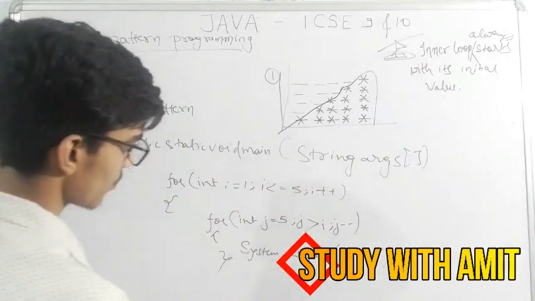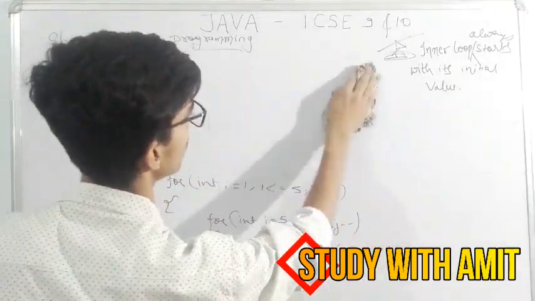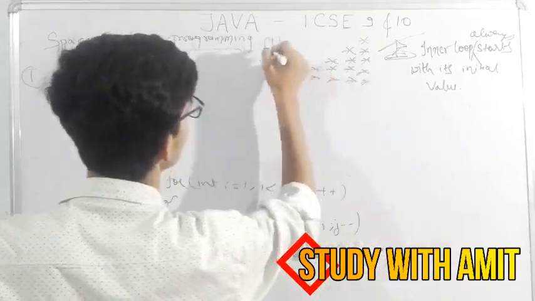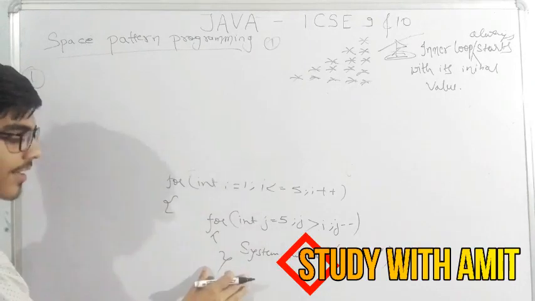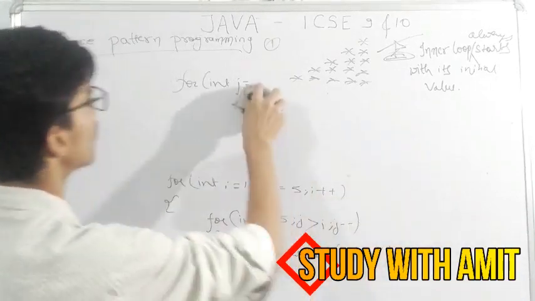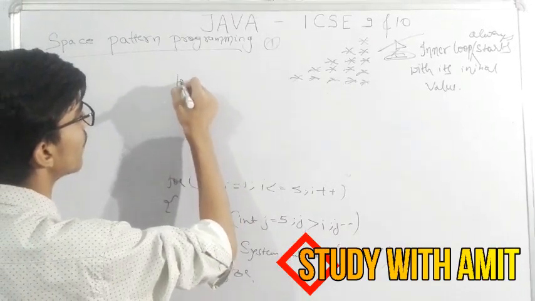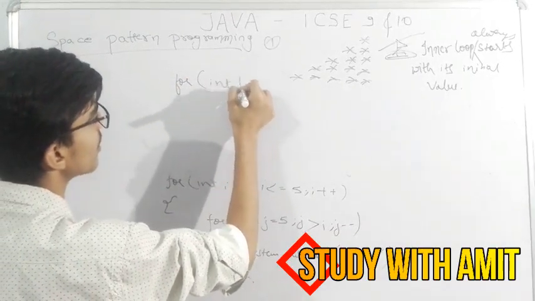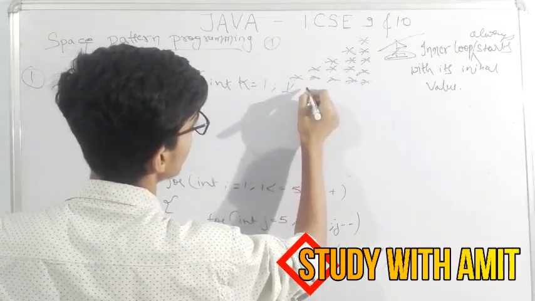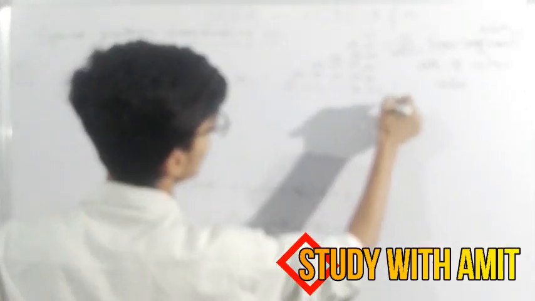So now what will we write after this? Now after this there will be one more loop over here, for there is no space, so we will write here for int k is equal to 1, k is less than equal to i, k plus plus.